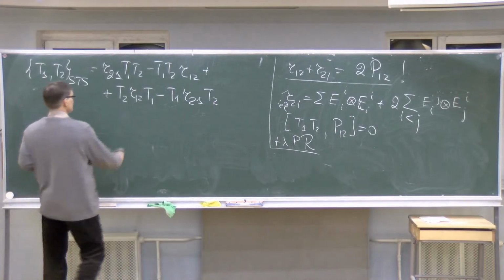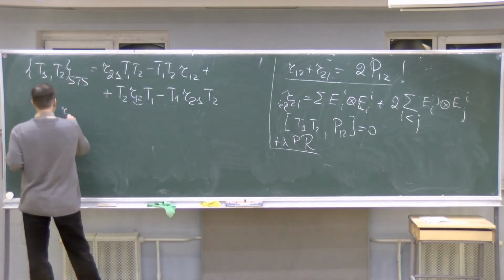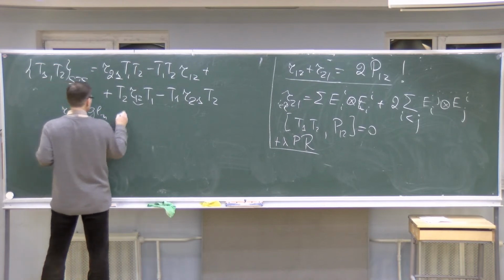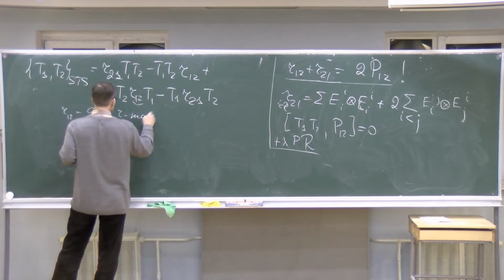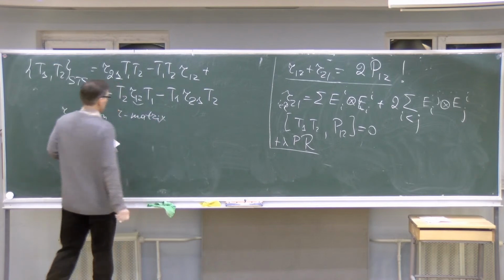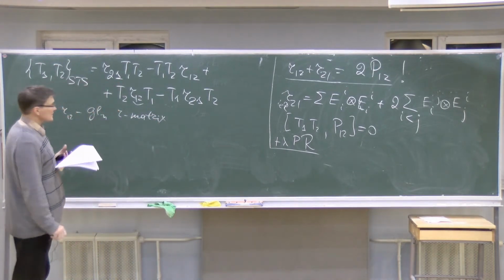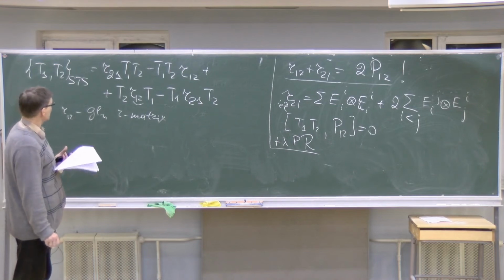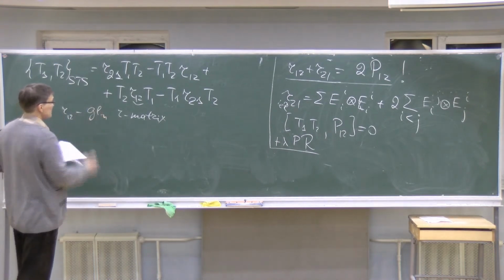Here R is the GLN r-matrix, the classical r-matrix coming from the Drinfeld-Jimbo r-matrix. This is a quadratic bracket.